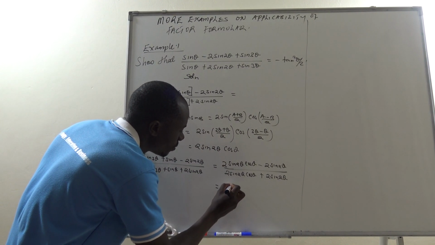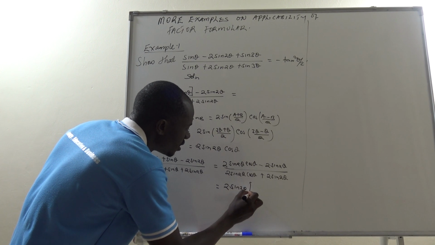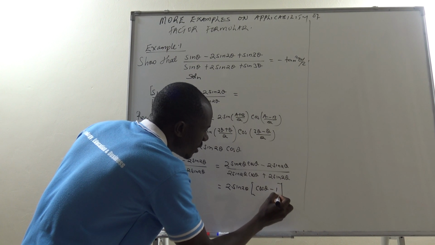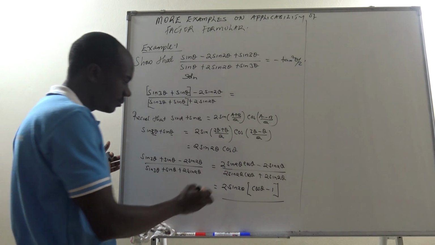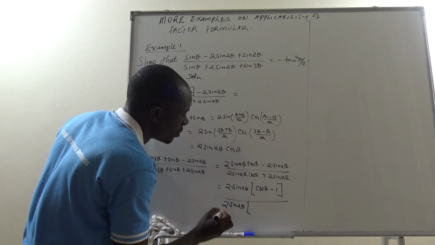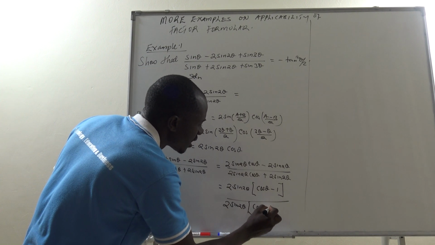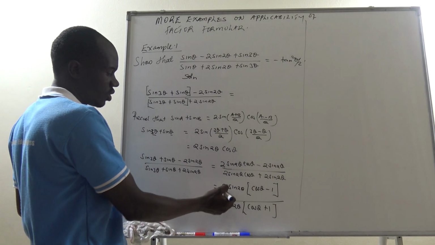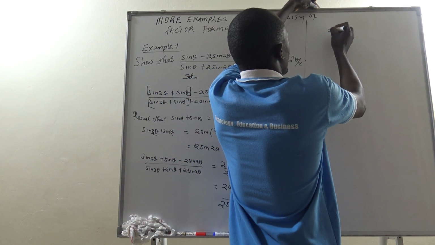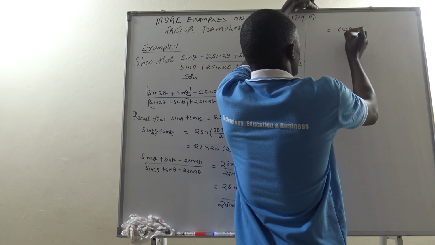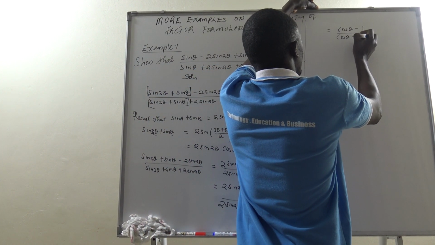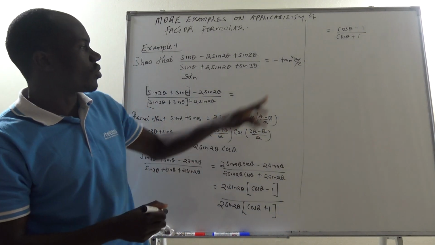So we have 2 sin 2 theta into cos theta minus 1, all over 2 sin 2 theta into cos theta plus 1. This one and this one cancel. We remain with cos theta minus 1 all over cos theta plus 1. Our interest is to create a tan squared.